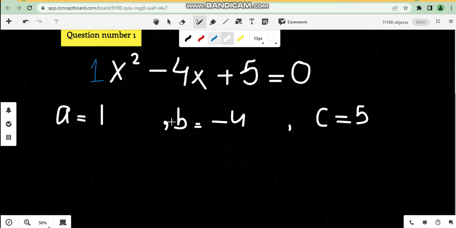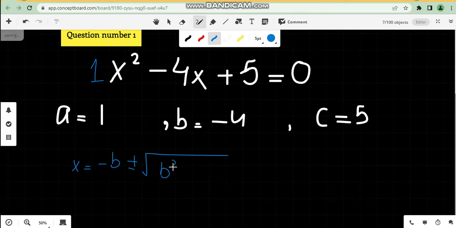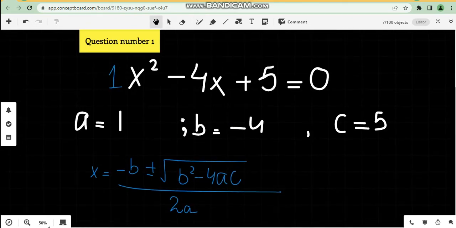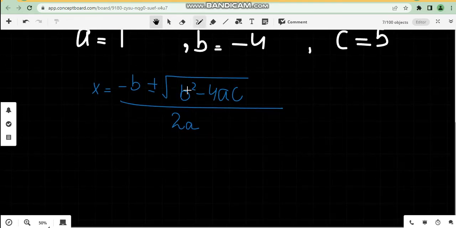Now I'm going to write the formula here, which is x equals minus b plus minus square root of b square minus 4ac, divided by 2a. After that, we will put these values in this formula.